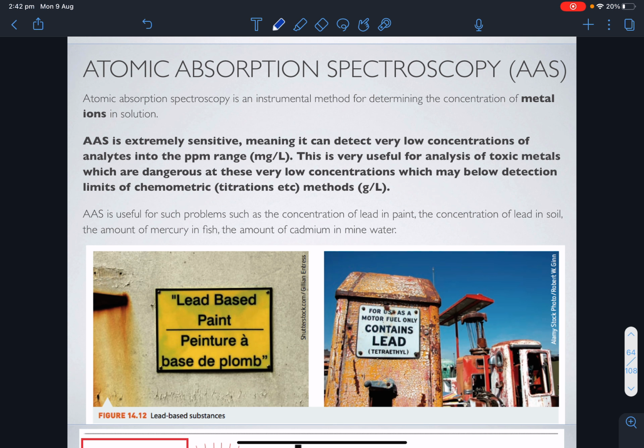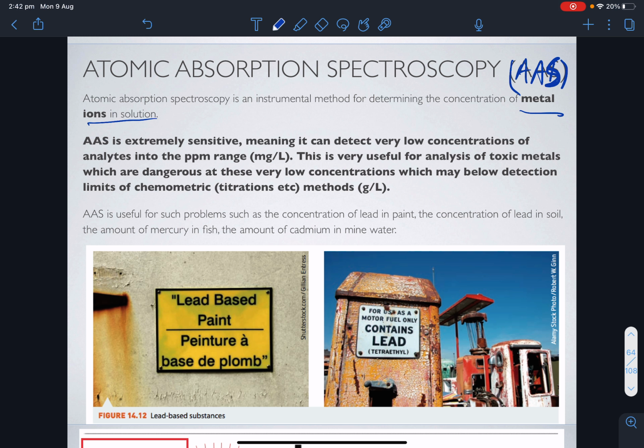Atomic absorption spectroscopy, sometimes abbreviated as AAS. Okay, so it is an instrument to determine the concentration of metal ions in solution. So it's good for metals only. Okay, it is extremely sensitive.